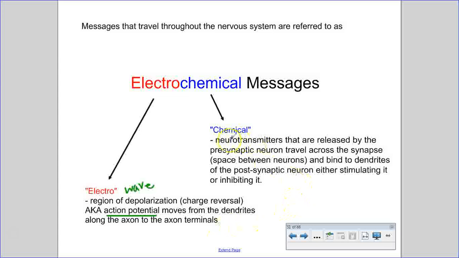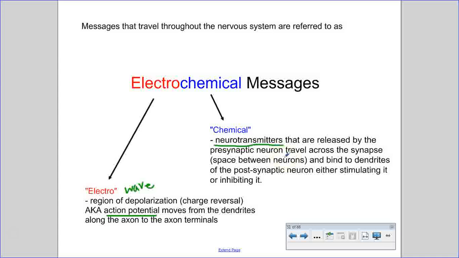The chemical part of the message is really the transmitting of neurotransmitters between neurons. You're going to learn that the electric message can't jump between neurons, so there has to be a way of getting the message from one neuron to the other. The chemical part accomplishes that. Neurotransmitters are stored in the presynaptic neuron, the one in front of that little gap.